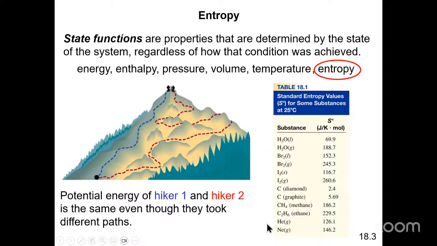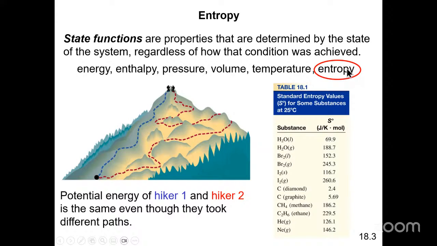And even in the case of one-atom elements that exist in nature, like helium and neon, one can see that neon has a higher value compared to helium. The main reason is that the neon atom is larger and therefore has more randomness associated with it because it has more electrons and so on. So neon has a larger entropy value compared to helium.